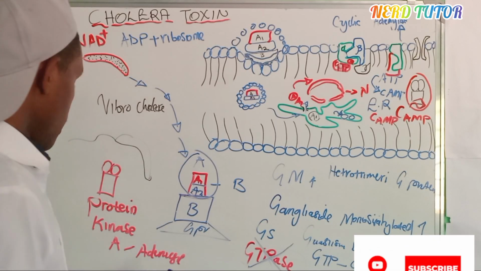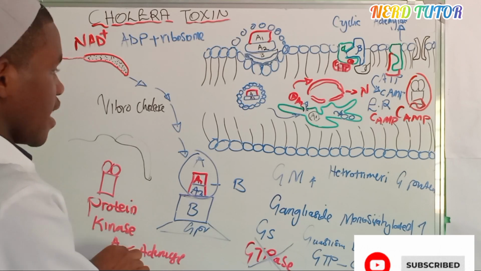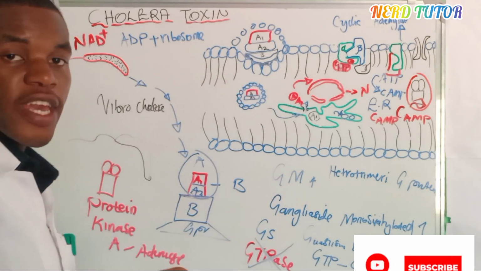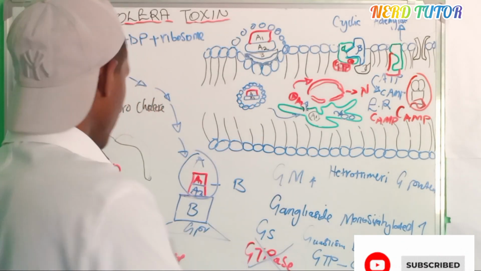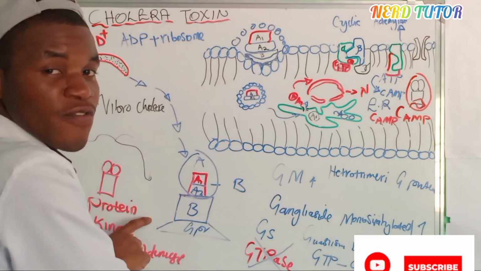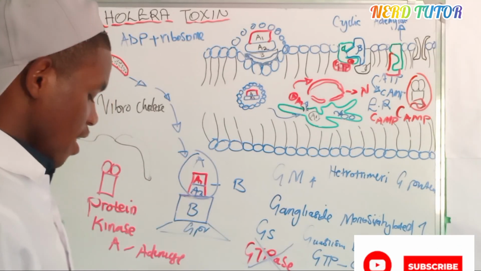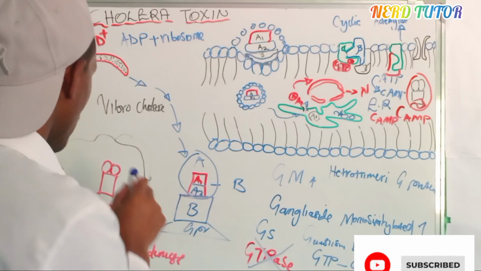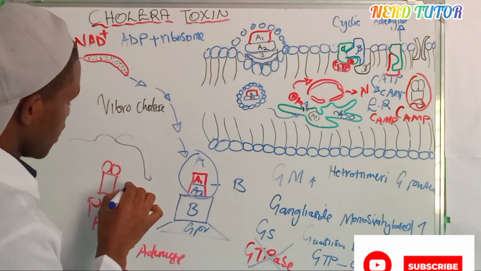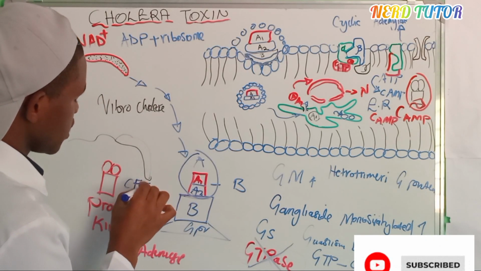So now this protein kinase A will be opening a lot of channels. It is responsible for stimulating and activating a lot of channels. The number one channel that it will open is CFTR.